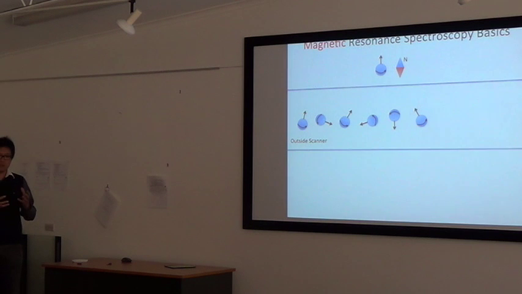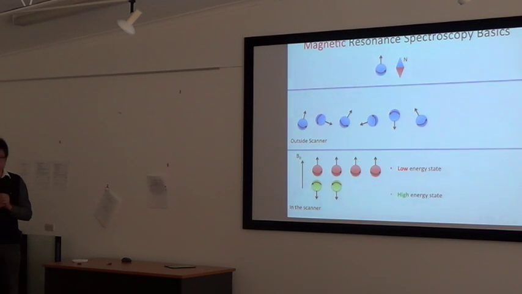And if we consider the protons in the tissues outside the scanners, the direction of these small magnetic bars can be randomly pointing everywhere. And if we put the tissues into the scanner, the protons will line up with the external magnetic field.